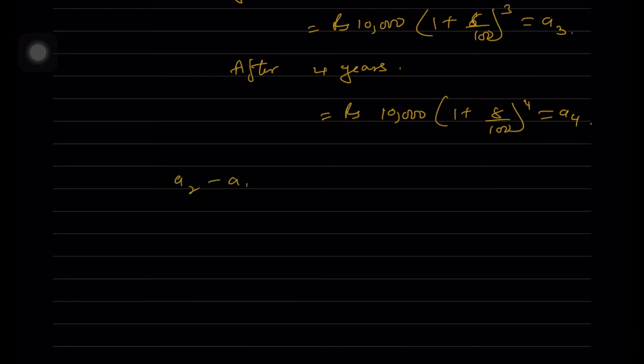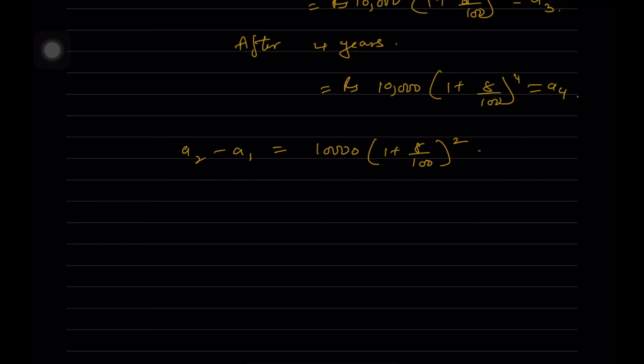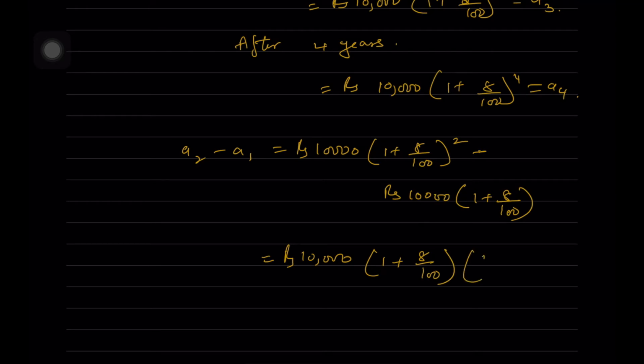Now A2 minus A1 is equal to rupees 10,000 into 1 plus 8 by 100 whole square minus rupees 10,000 into 1 plus 8 by 100, which is equal to 10,000 into 1 plus 8 by 100 into 1 plus 8 by 100 minus 1, taking the common factor.